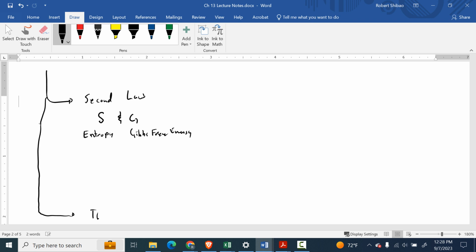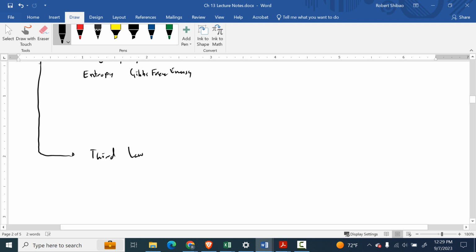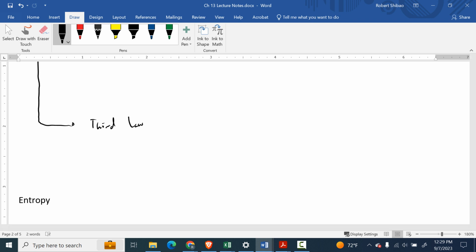And we have the third law of thermodynamics. I'm going to talk about the third law first. I'm going to go kind of out of order from the book. Third law is pretty simple to remember. Third law deals with S, the entropy.